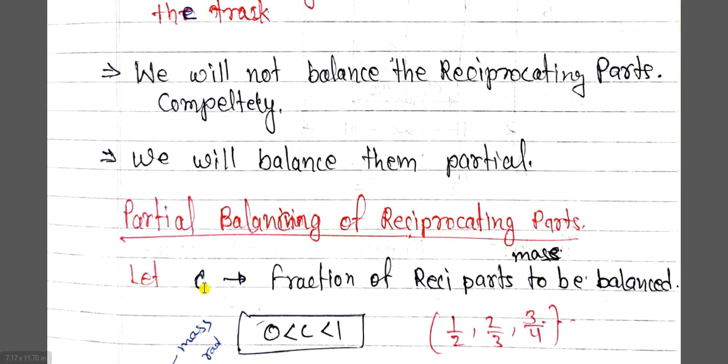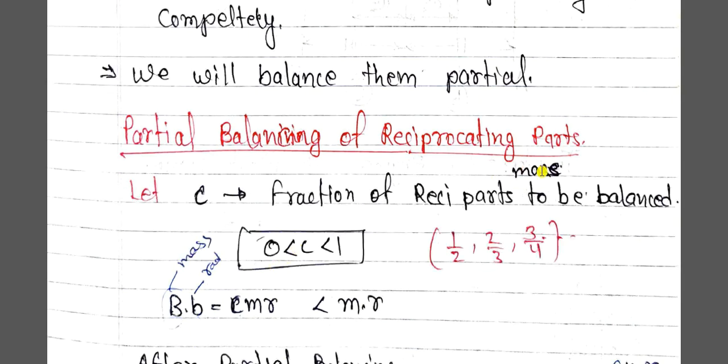So for example, if C is the fraction of the reciprocating mass to be balanced, please remember this C is the fraction which you want to balance, because you are not going to balance the complete mass of the reciprocating parts. This fraction will be greater than 0 and less than 1.